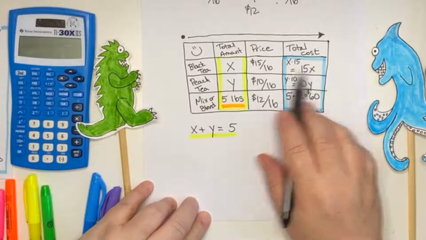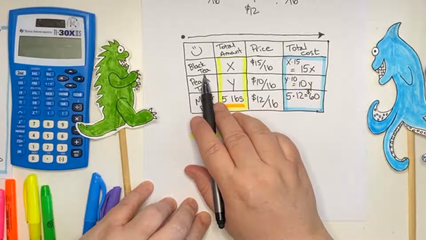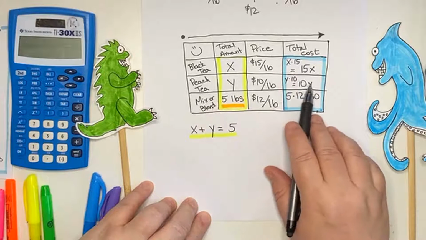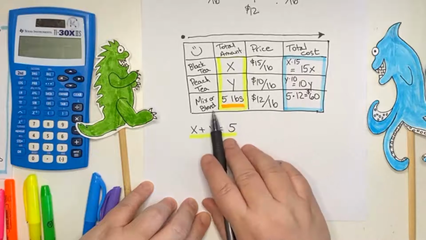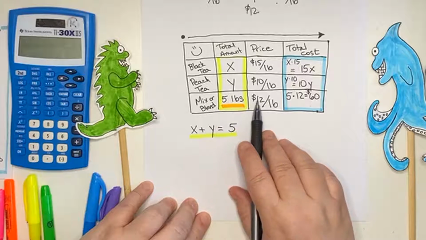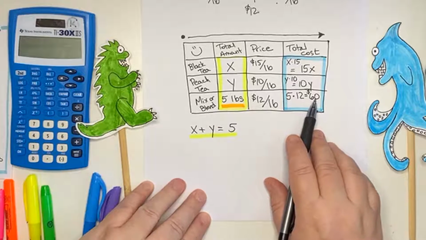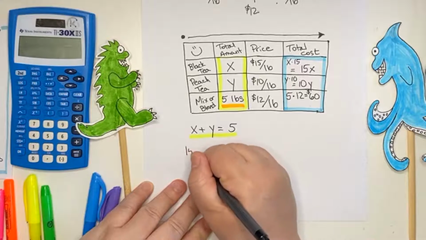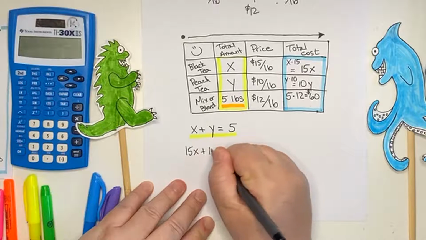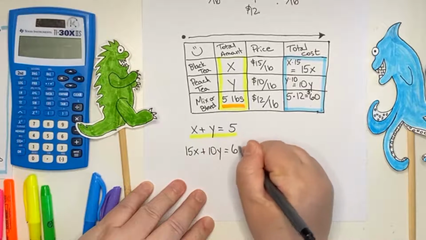I've got 15x, that's the total cost for the black tea. And then 10y, that's the total cost for the peach tea. And then I know the cost for the blend should be 5 pounds at $12, so $60 altogether. That's what I'm aiming for. So I want to make sure that the 15x plus the 10y equals 60.